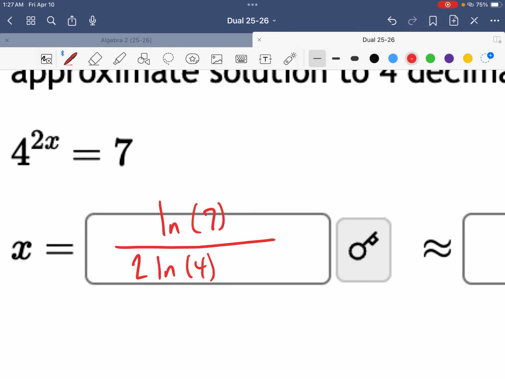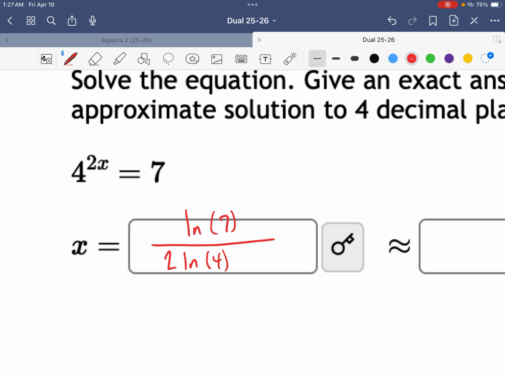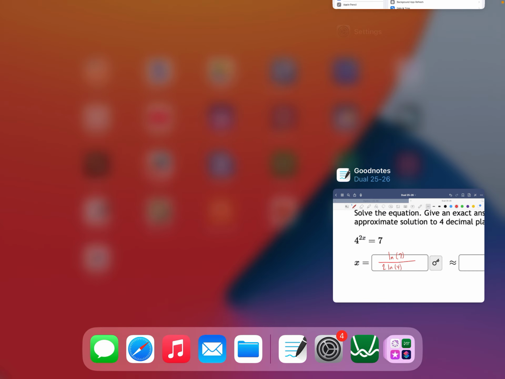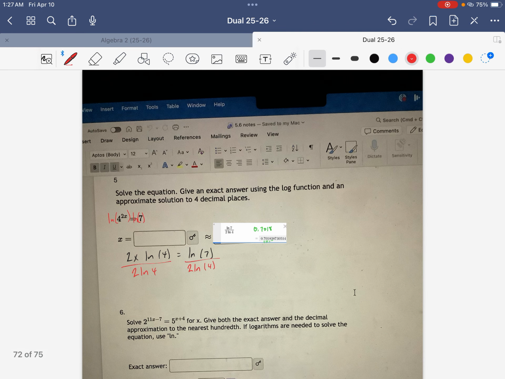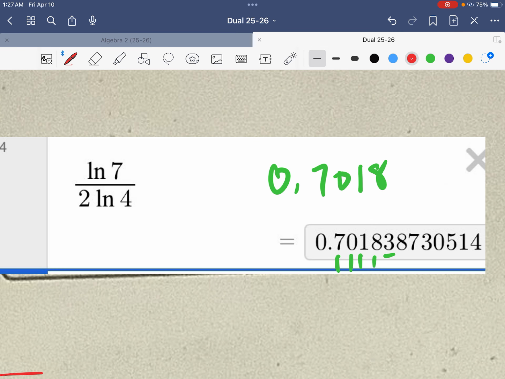There you go. That's what we have written down. And then you put it on Desmos, and it'll give you the approximate answer. Again, you're trying to round to 4 decimal places. 1, 2, 3, 4.